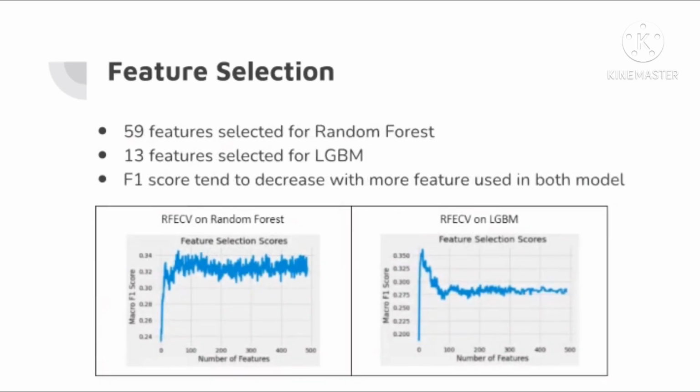The chart shows the results of performing RFE-CV on the random forest and LGBM models used in the modeling step. For random forest, the macro F1 score peaked when using the top 59 features, with an oscillating trend afterwards, and generally decreased slightly as more features were used. For LGBM, the macro F1 score peaked when using the top 13 features and decreased dramatically as more features were used.